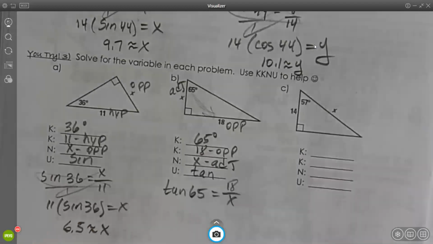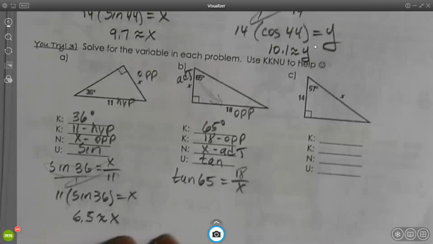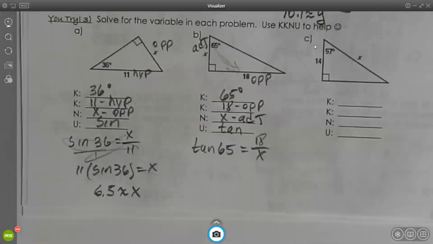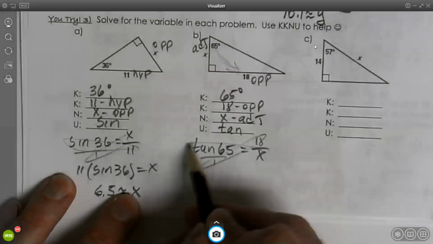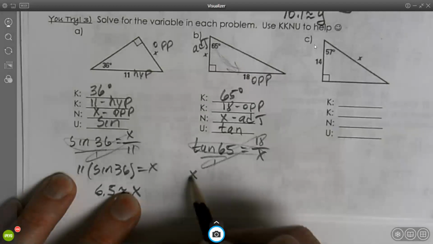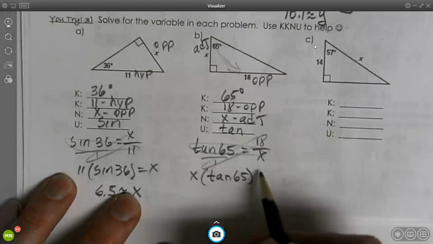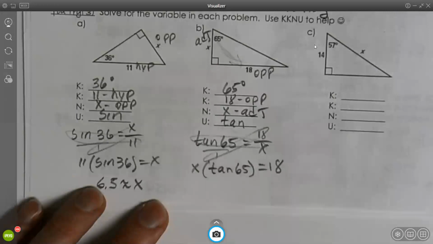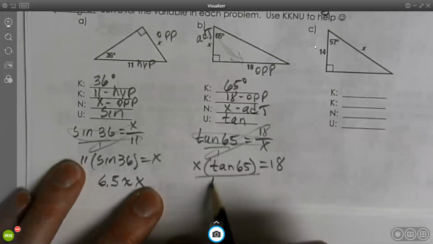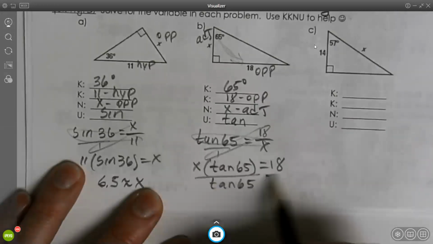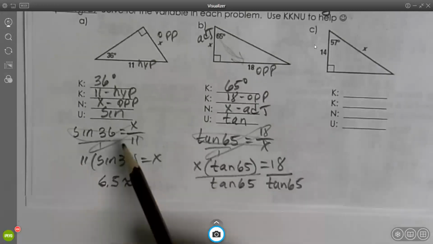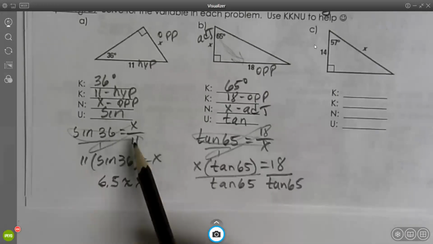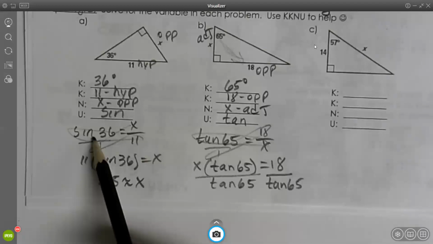So tangent of 65 equals opposite over adjacent. Look where the x landed this time. It landed on the bottom of the fraction. If it lands on the bottom of the fraction, when you start to solve for it, it's going to come over to the trig ratio. So this is the situation where you have to divide. We don't have to divide if the x is on top of the fraction, because when the denominator comes over, we could just multiply those together.